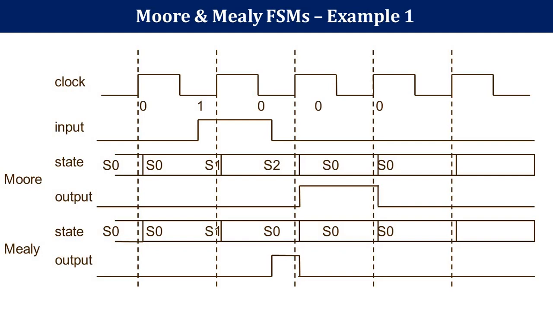Mealy is faster compared to Moore, as you can observe from when the output is generated. Hence if we compare these two outputs, we conclude that Mealy is faster compared to the Moore.